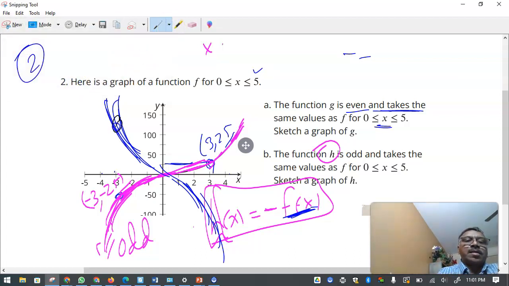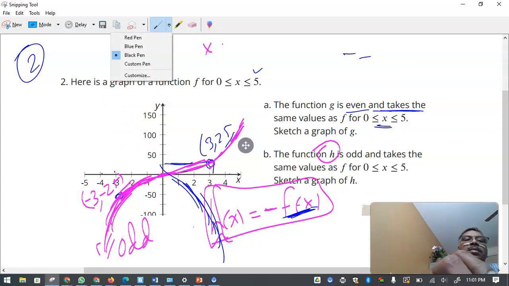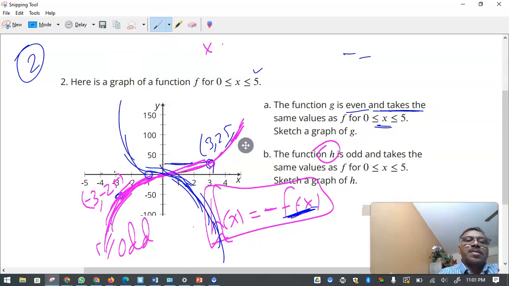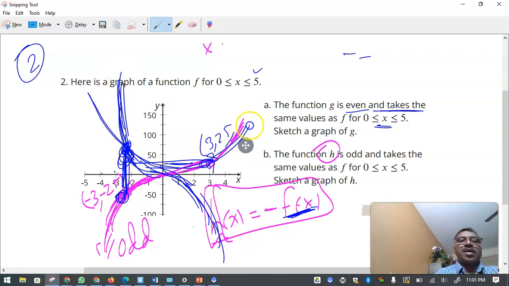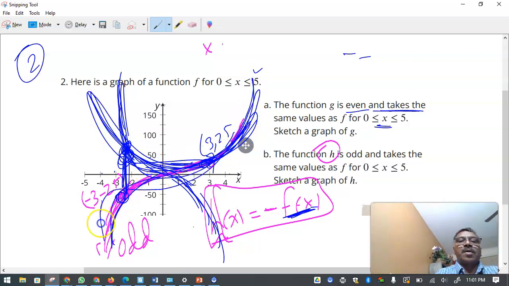So this point first goes to this side and then reflects to this side. Hope that helps. The main thing is to know that when you graph like this, that's even, but if you graph this way, that's odd.